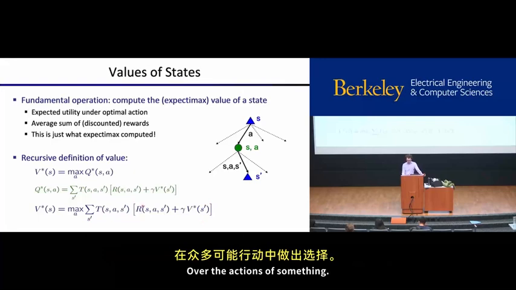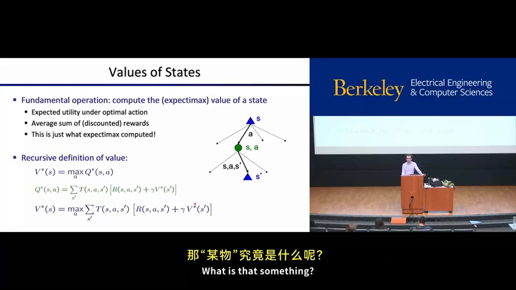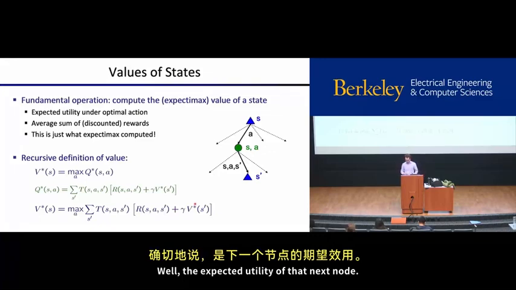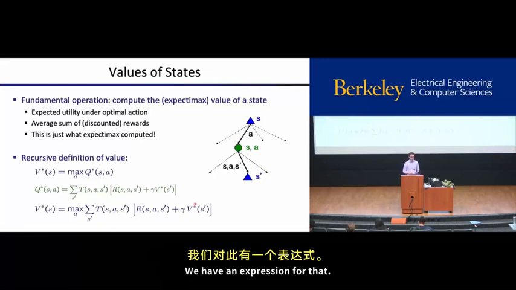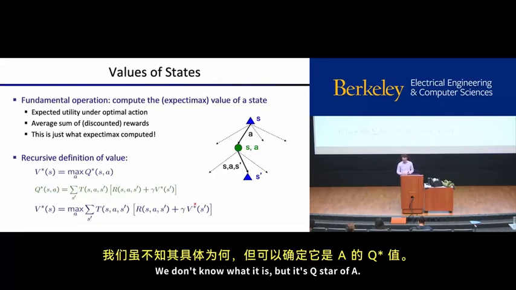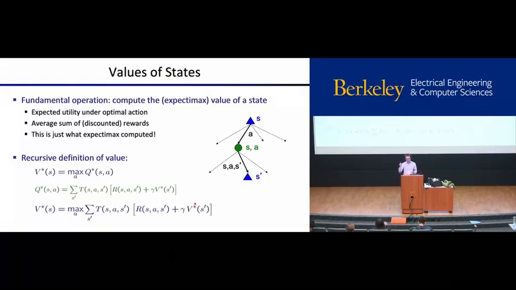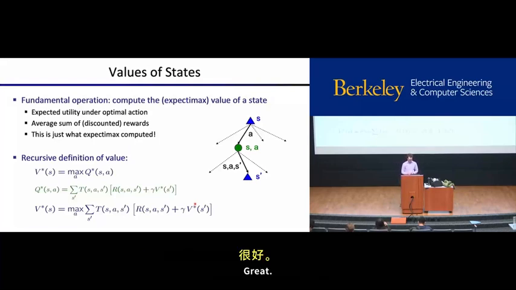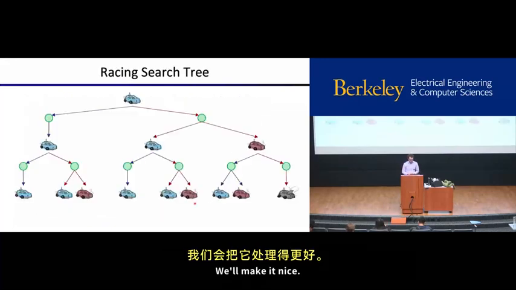Well, it's the immediate reward plus the amount of utility I would get for being in the next state, discounted by it being one time step into the future. So we're going to see this thing a lot of times. At the end of this unit, you'll be able to write this in your sleep. I could knock on your door in the middle of the night and say, "What's the expression for V star?" And you'll be able to tell me, and it'll be great. I'm not going to do that though.